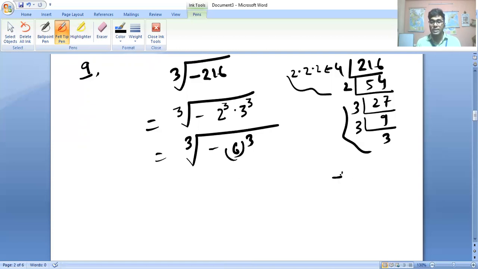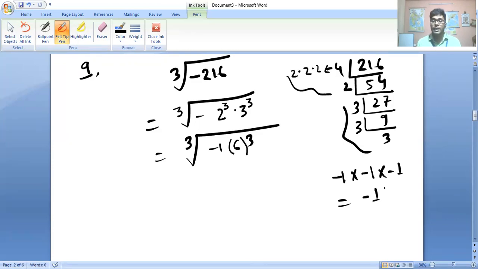See, minus 1 into minus 1 into minus 1 is equal to what? Minus 1. See, minus minus plus, plus minus minus. So minus, and 1 into 1, 1, again into 1, 1. So minus 1. If nothing is there, we can take minus 1.